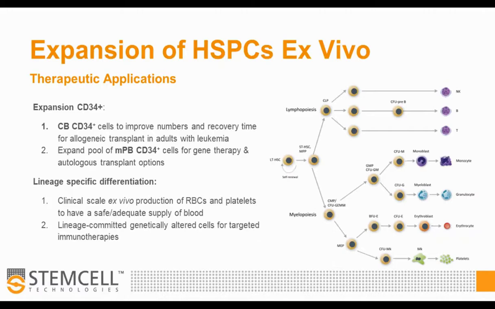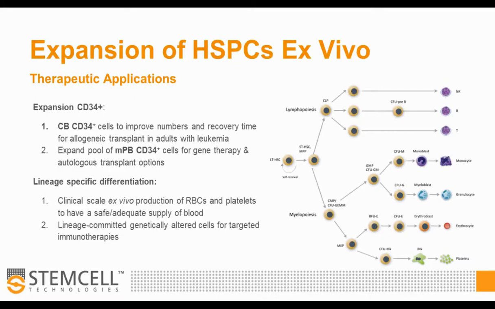The other one, of course, that is booming right now and is probably really only in its infancy is the generation of lineage-committed genetically altered cells for targeted immunotherapies. So we're actually also now looking at using hematopoietic stem cells and properties of T cells, for example, to really increase the quantity of those cells and genetically engineer them so they can be targeted not only for blood cancers, but other types of cancers.